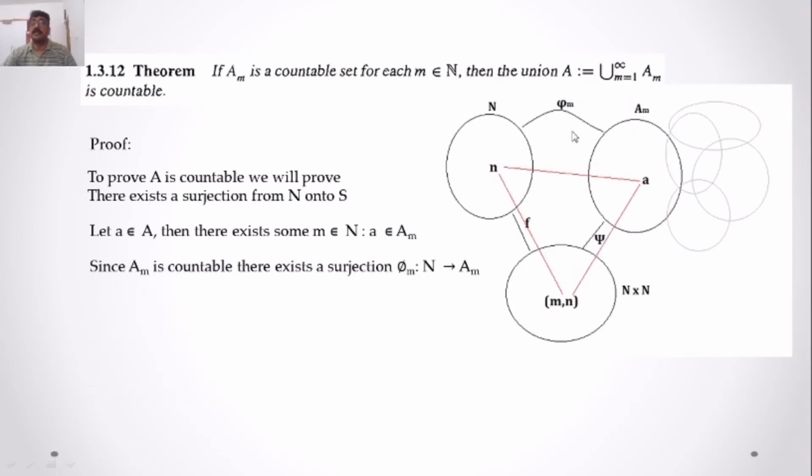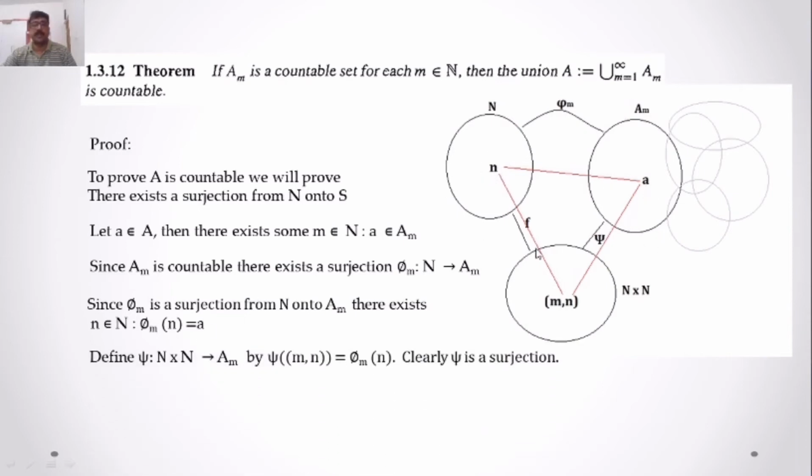Therefore, there exists a surjection phi_m from N to A_m. For this a, correspondingly, we are getting an n such that phi_m of n is equal to a.